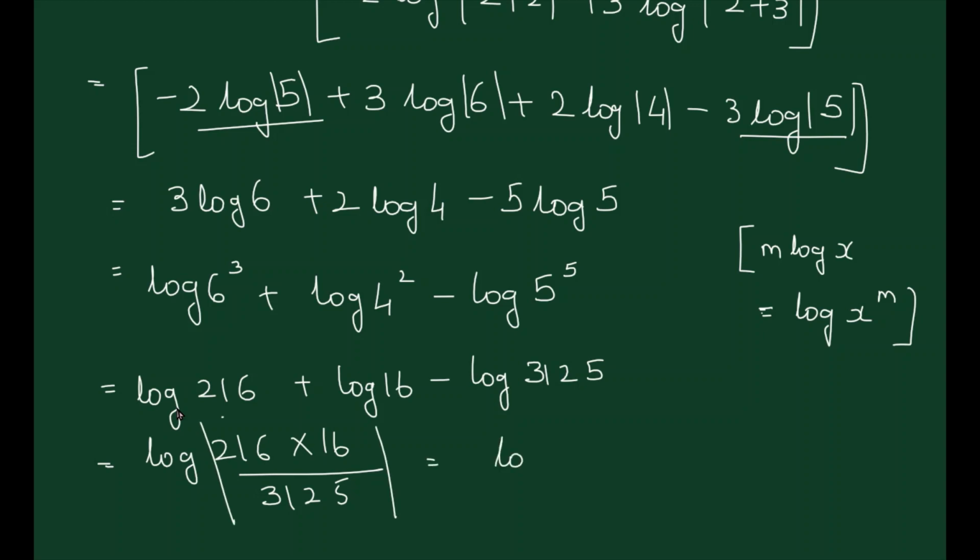Upon multiplying we get log 3456 upon 3125. Because we are writing numbers, we may not have to write the mod sign everywhere. And therefore we get this answer, that is it.